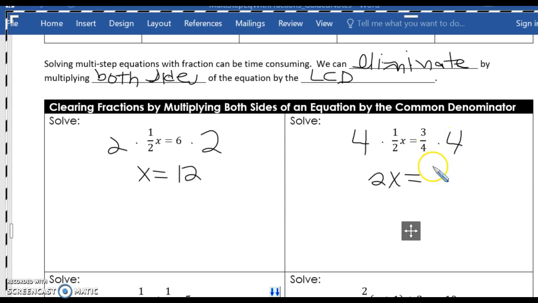And here, the 4's cancel, and we're left with 3. And then dividing both sides by 2 leaves us with x equals 3/2.